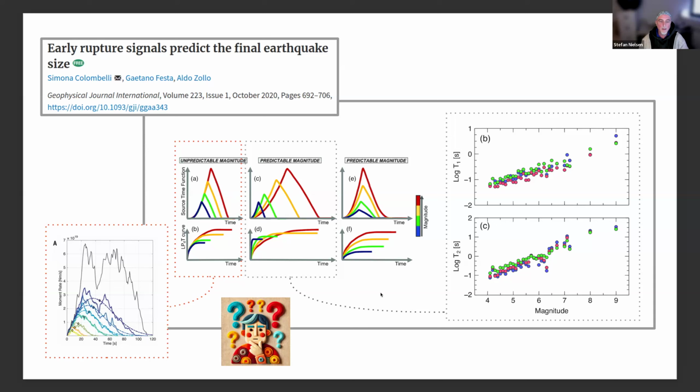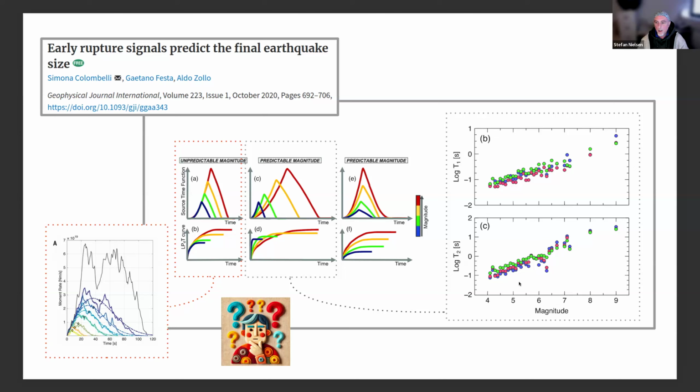It turns out that if you give a characteristic time to the rise of these moment rates and try to model the first seconds of the seismogram with these characteristic times, then, according to Colombelli et al., you end up having a longer characteristic time for the bigger earthquakes.